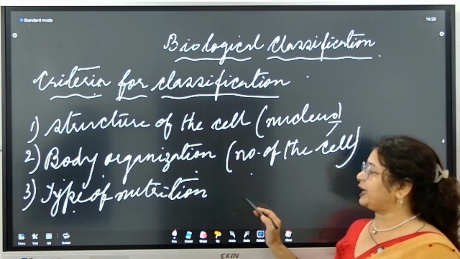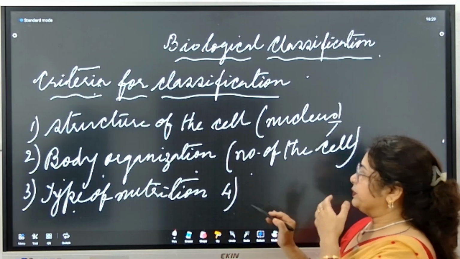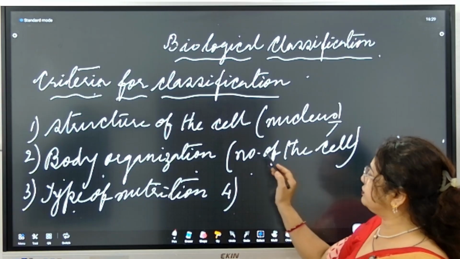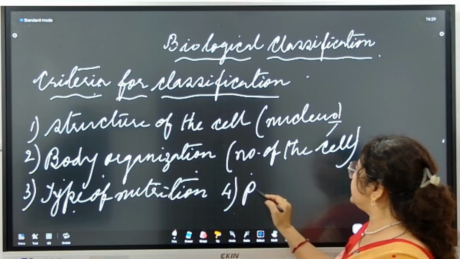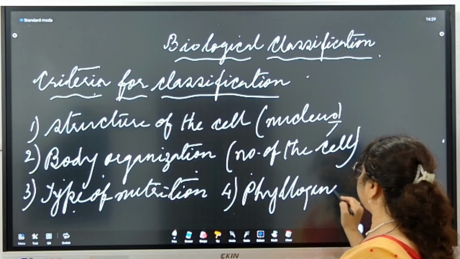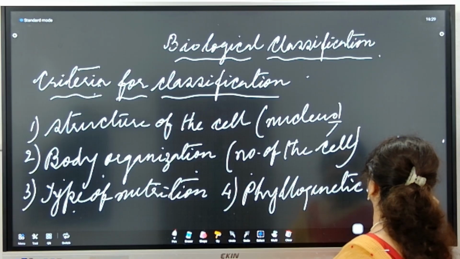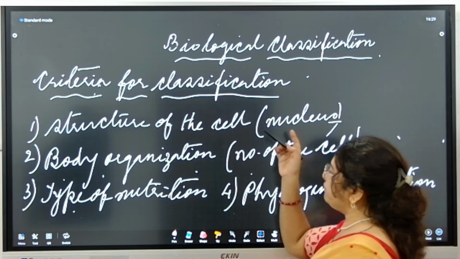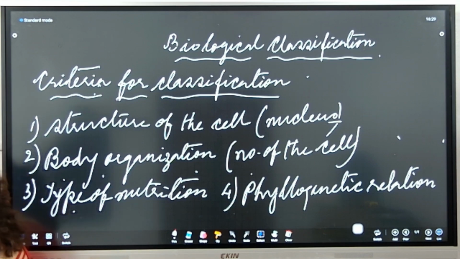So this is also a criteria. Okay. Next, it will be what? Body structure of the cell, body organization, type of nutrition, and then phylogenetic relation. Phylogenetic relation means the relation they have with the previous generation.